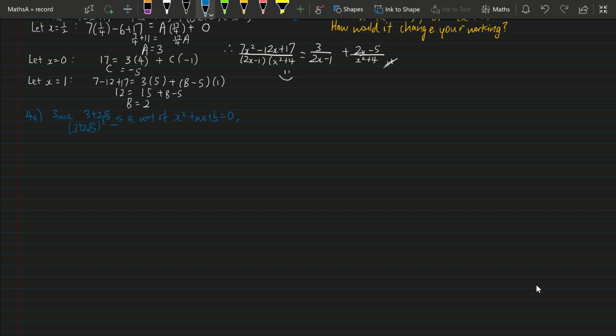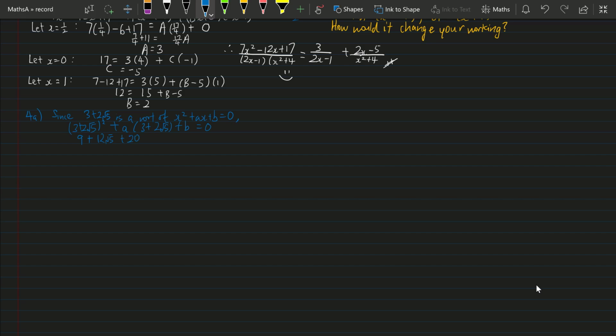Then we're going to square this. Then let's just continue expanding and see where we go from here. So 9a plus b square, right? So 9 plus, when you square this, 2ab, I would get 4 times 3, 12 square root 5, plus 4 times 5, right? So it's 20.